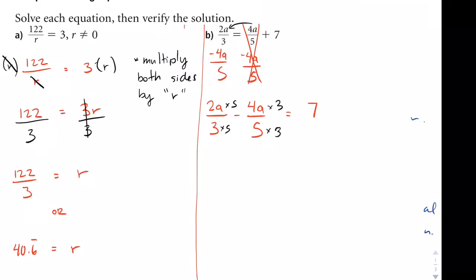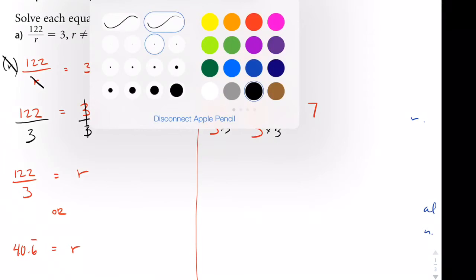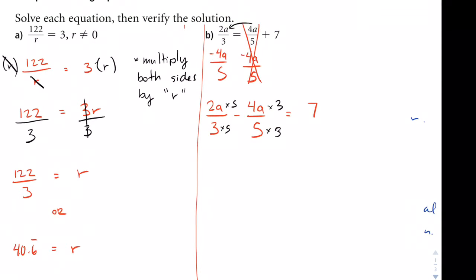So you got to remember how to multiply polynomials as well, right? If you have something like 2a times 5, you got to remember how to get that answer. So this is what we get. So 2a times 5 is 10a, and the denominator is 15. 4a times 3 is 12a over 15 equals 7.